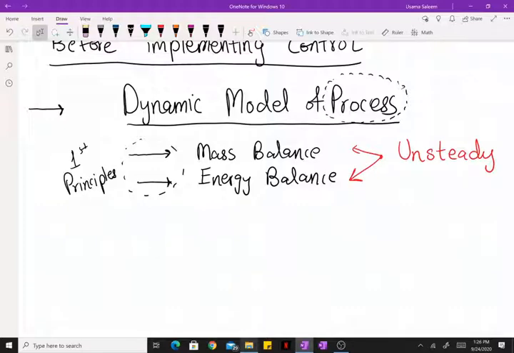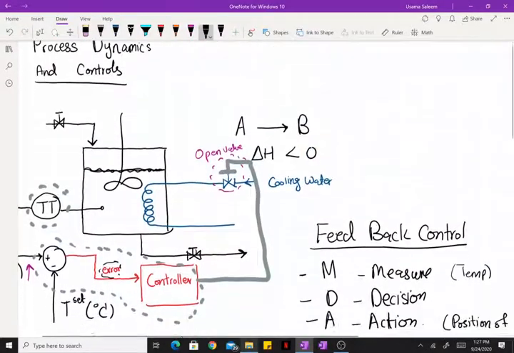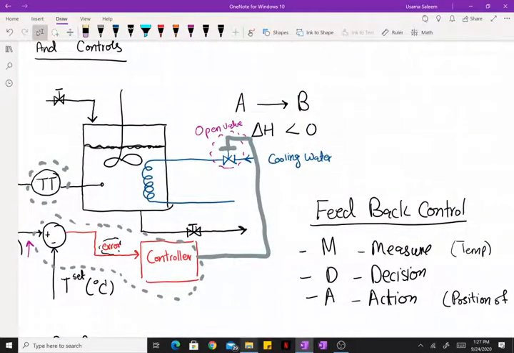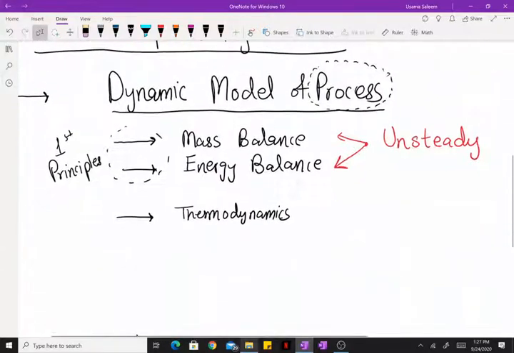There is virtually no process for which you wouldn't need to write some sort of mass balance or energy balance. In addition to that, we will be using our equations from thermodynamics, such as in this case we will need to know how exothermic our reaction is to implement a good control strategy.